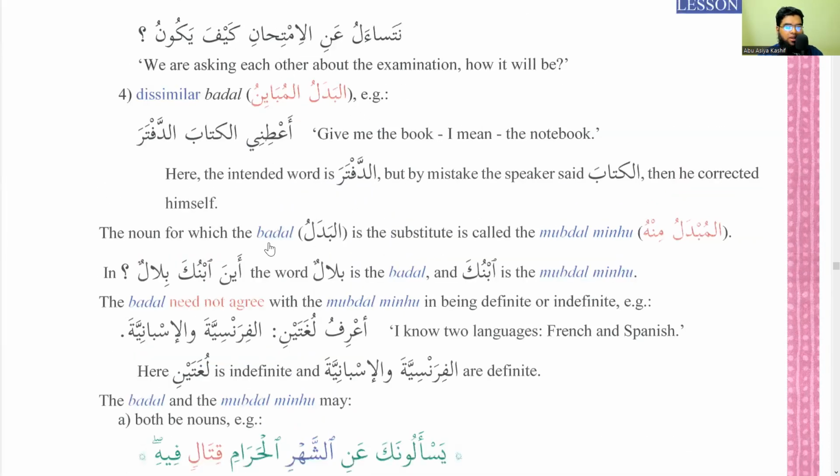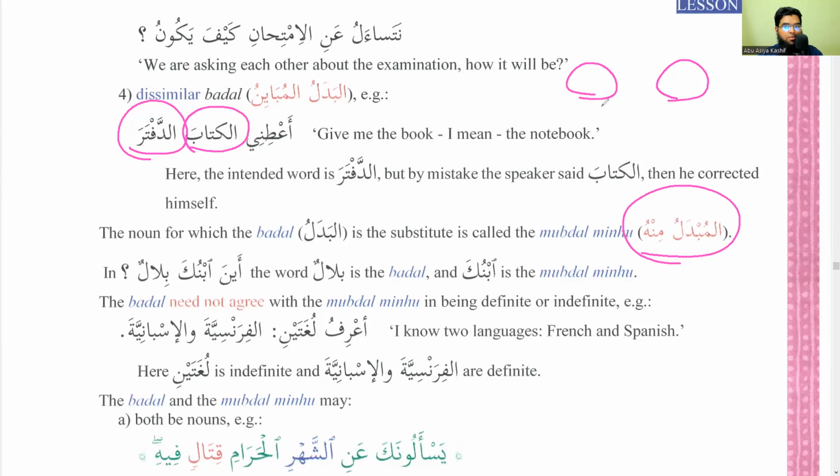And the noun for which the badal is a substitute is called mubdal minhu. What is mubdal minhu? The previous word, like this word. This is mubdal minhu. This is badal. Mubdal minhu, like mausuf sifa. Similarly, ma'atuf alayhi and ma'atuf, like when you use wow: Hamid wa Khalid. Hamid is called ma'atuf alayhi and this is called ma'atuf.